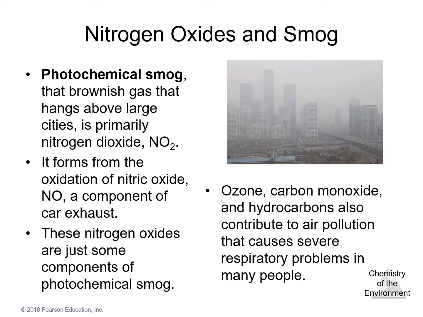Now you have photochemical smog. That brownish gas that hangs over large cities is mainly nitrogen dioxide, NO2. It's from the oxidation of nitric oxide, a component of car exhaust.